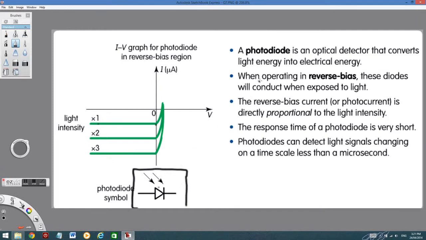If you look at this graph, the currents are all below the x-axis. They are in the negative direction.